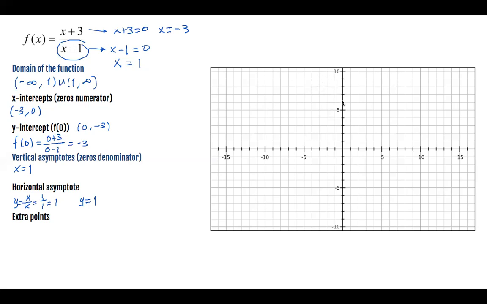So let's start with our vertical asymptote. We're going to have this line over here. So that's our vertical asymptote. The horizontal asymptote is also 1.